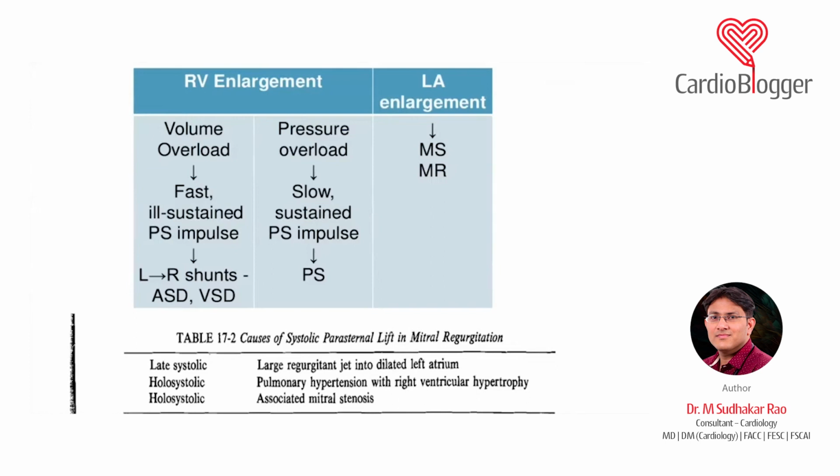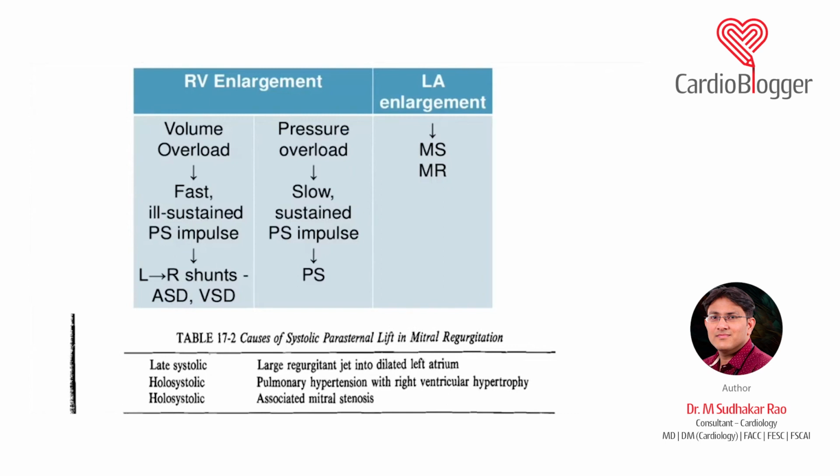In patients with ASD and VSD, where there is volume overload, you will get only a grade 1 to 2 parasternal heave. However, in pulmonary stenosis, you get a typical grade 3 and well sustained, late peaking impulse. In volume overload, it is a fast, ill sustained parasternal impulse. So this is how we differentiate.